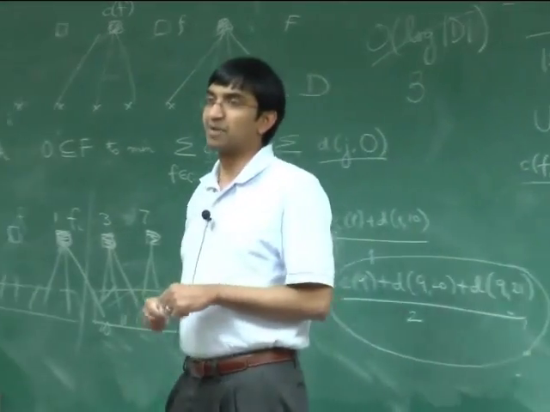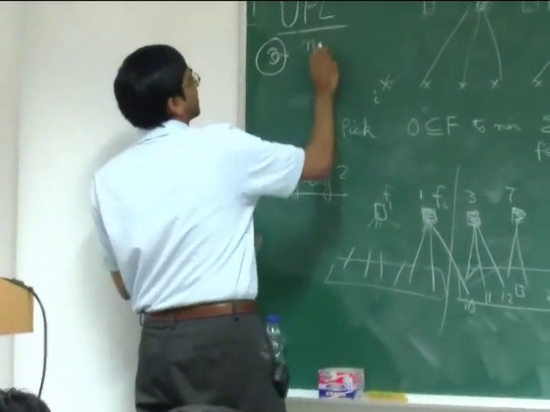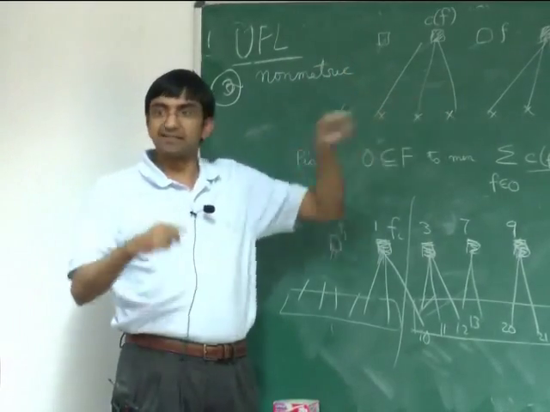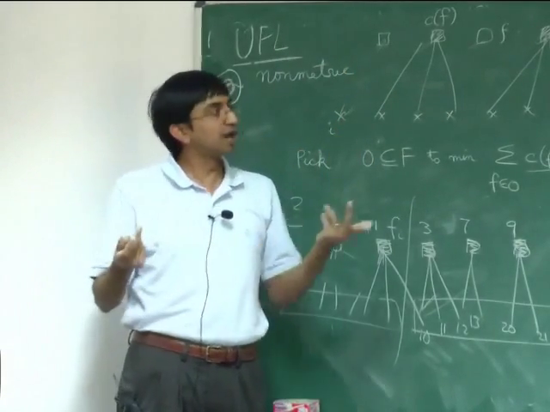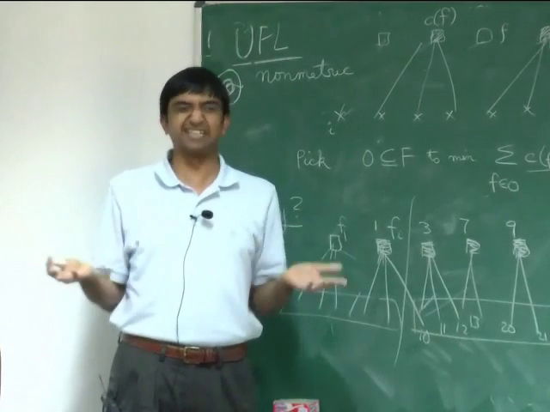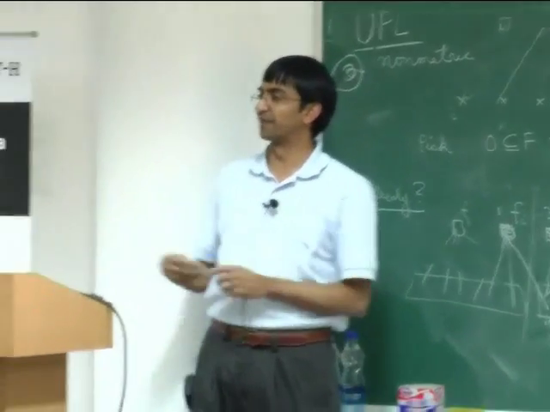But this is for the non-metric UFL, which is the one we just tackled. The costs don't obey the triangle inequality. You can't do better than log, because non-metric UFL is essentially like set cover. You can take a set cover problem and encode it as UFL.